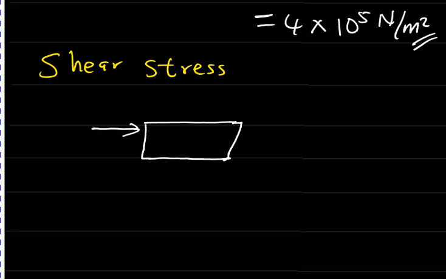A tangential force is a force that is pulling on the material at the surface, parallel to the surface. Let's say this is where the force is, a tangential force. Let me call it P. Then another force here, also parallel to the surface. What's going to happen to this material?